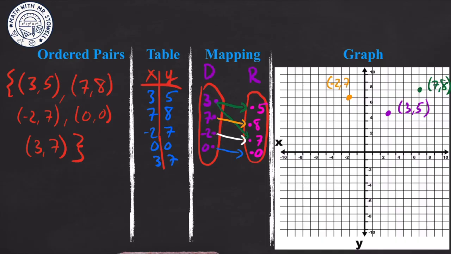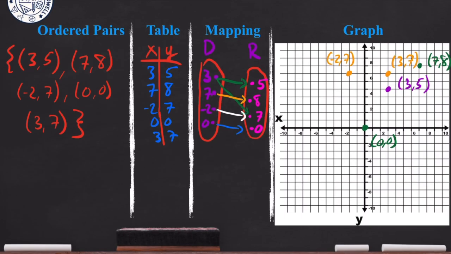We can have 0, 0, which is our origin. And we can have 3, 7, so 3, 7 would be right up here. Remember, x is first. That's our horizontal line. Y is second. That's our vertical line. We go the x value, then we go the y value. That's how we graph our ordered pairs or graph our relation.